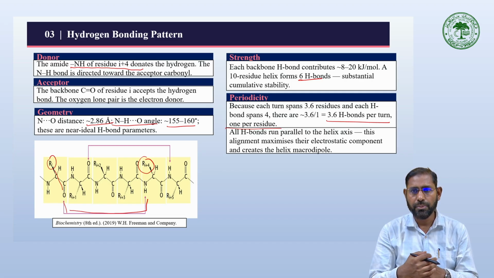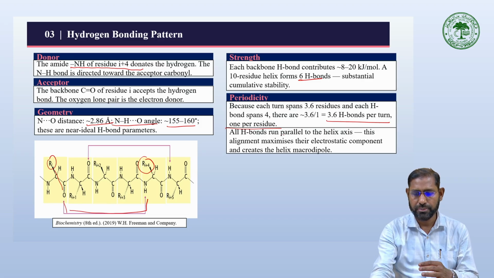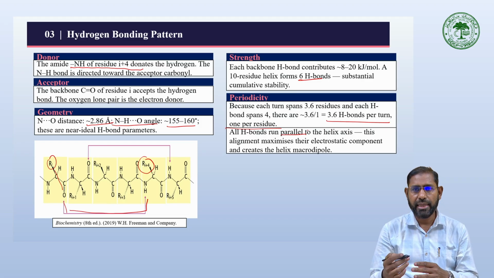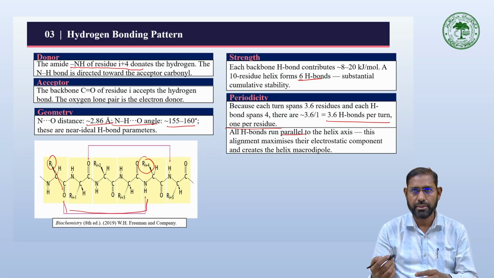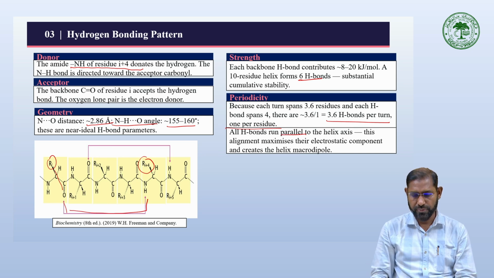All hydrogen bonds run parallel to the helix axis. This alignment maximizes their electrostatic component and creates the helix as a macro dipole, just like a water dipole. This macro dipole also gives high stability and helps in dissolving in water.